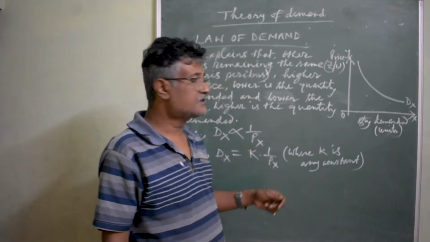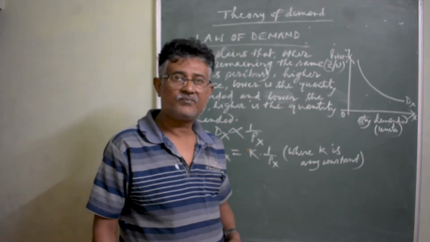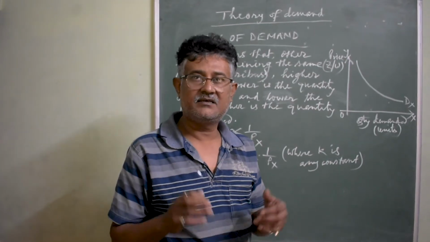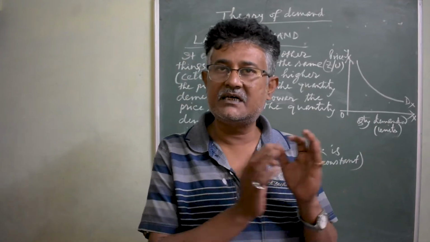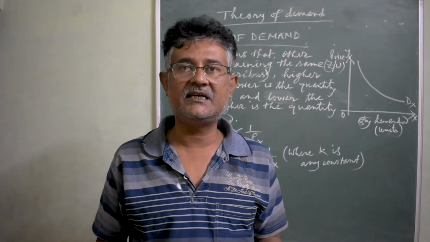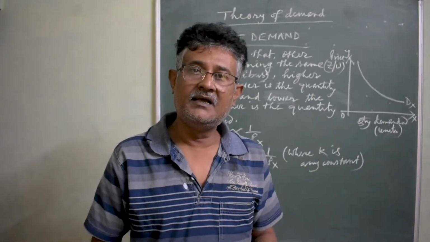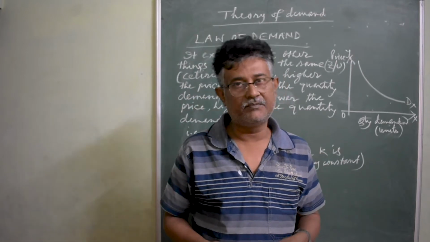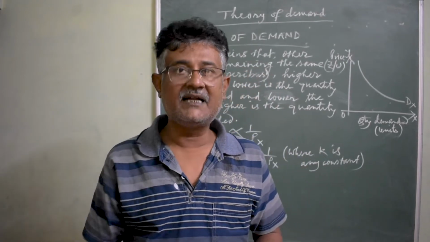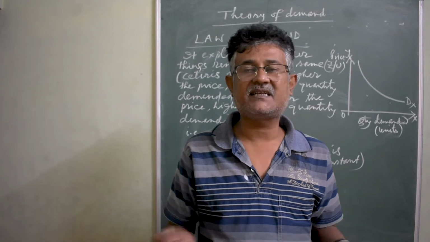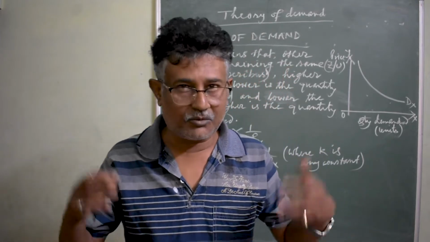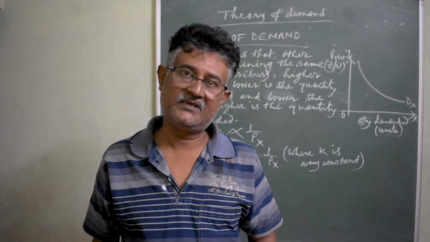Great. So today we will first have a quick revision of what we have covered in our earlier classes. We have discussed the concept of demand, the demand function, and the various factors on which the demand for a commodity depends.